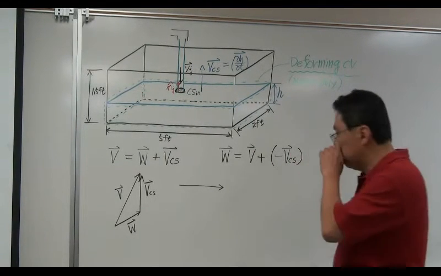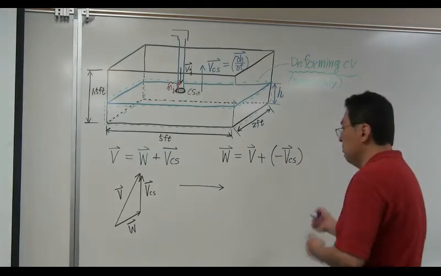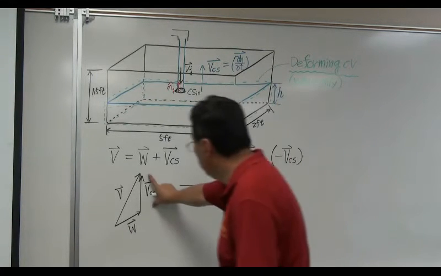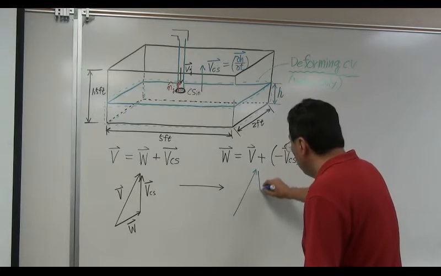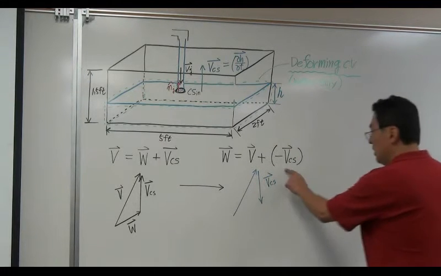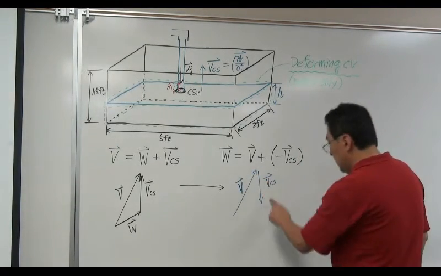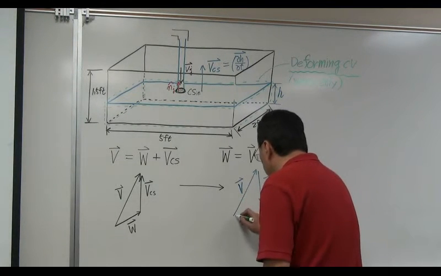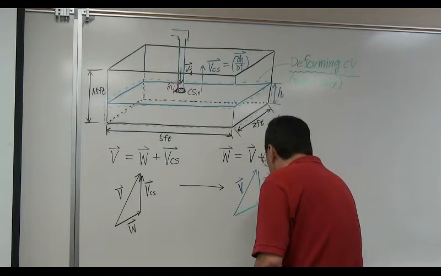This is the vector calculus basics. So in other words, in order to find out W, what do we do? Velocity V, and this VCS need to be flip-flopped. This is VCS; flip-flop the direction, in other words negative. Then if you add this velocity and this one up, then you can determine relative velocity W out of it.